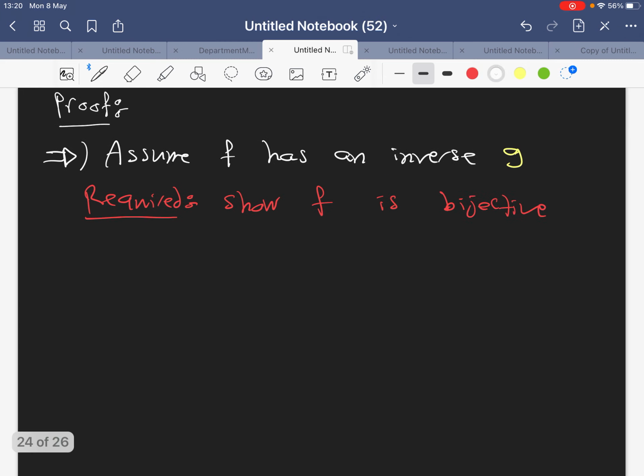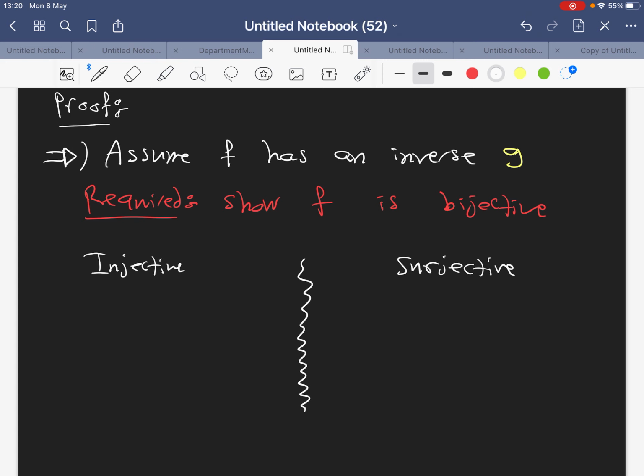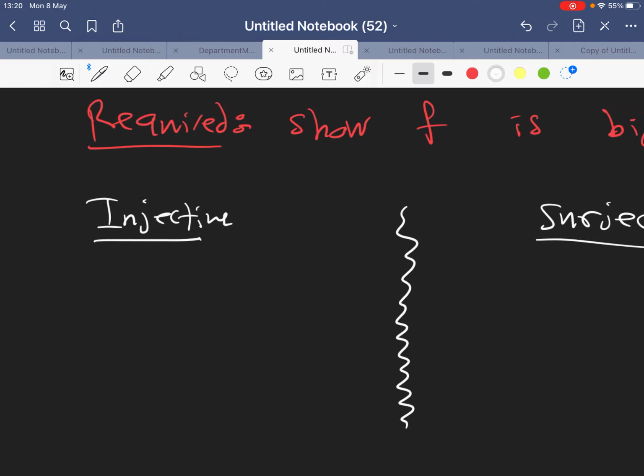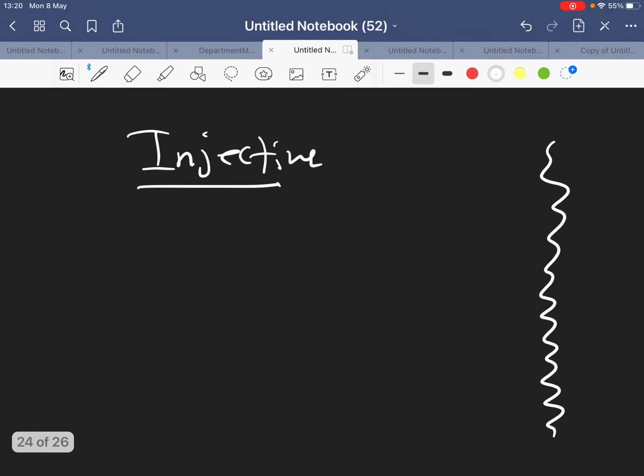Of course, if you remember how we show a function is bijective, it has two parts. First, I need to show the function is injective. And after I finish, I just need to show that the function is surjective. Remember, what is the relation between f and g? If we put them in each other, we get the input back. So let's do the injective first, and then I will do the surjective.